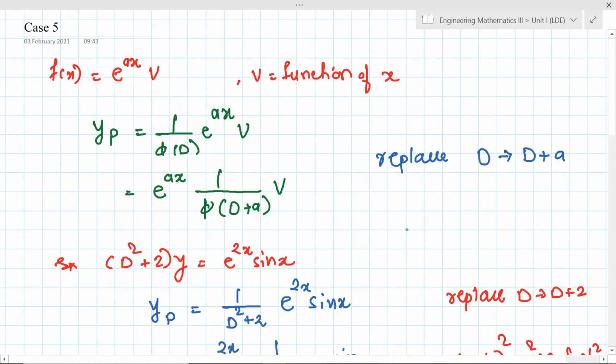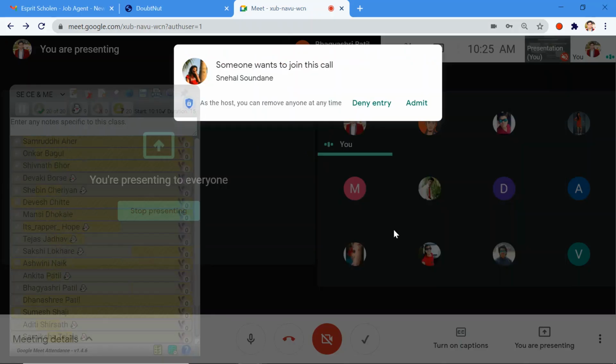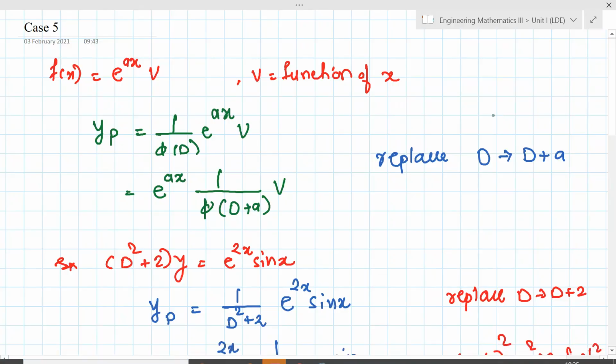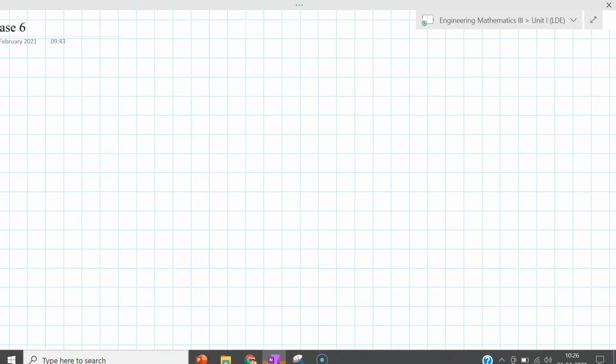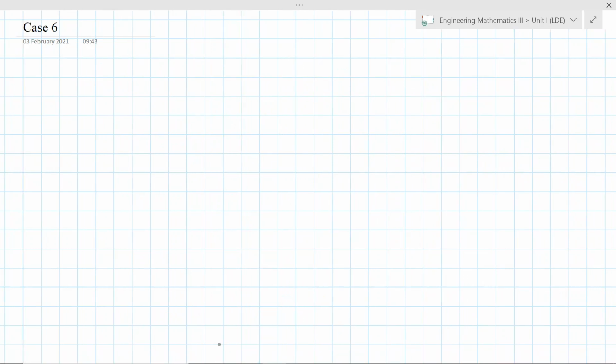So e raised to x into v. Now the sixth case is quite simple. It is somewhat similar to this case, but there is a slight change here. Suppose my function f(x) is equal to x into v, only x, there should not be a power of x, like x square or x cube.